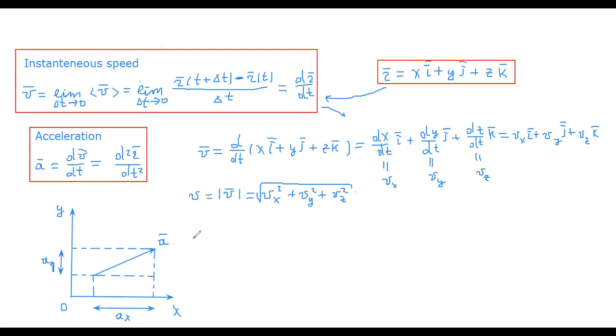The vector a can be written in these coordinates like this: ax i plus ay j. And how can we find the length of vector a? Length is the same as the absolute value of the vector.